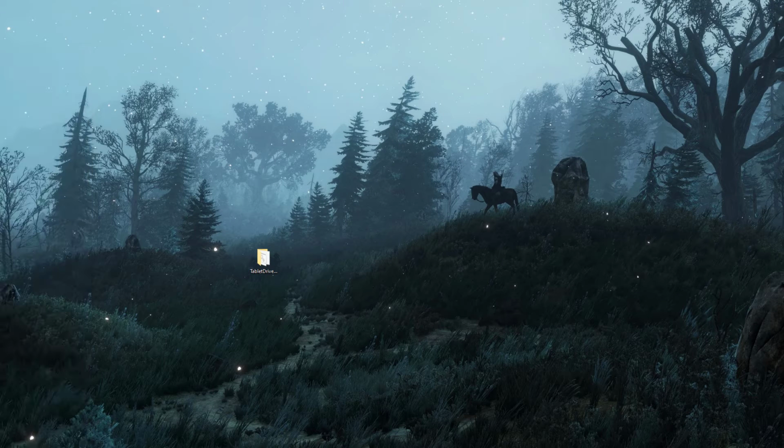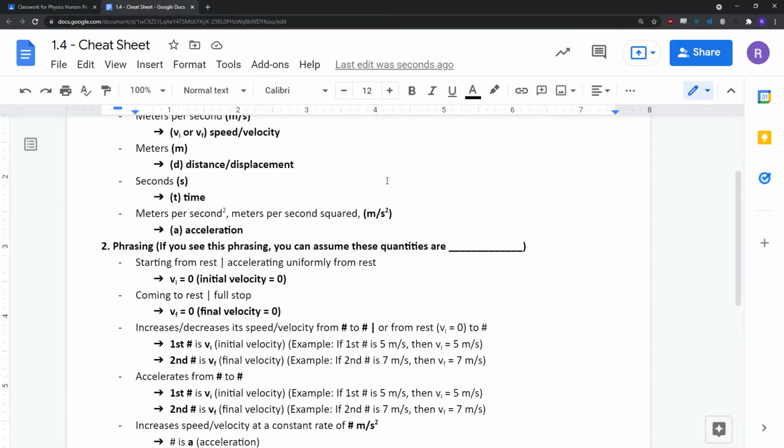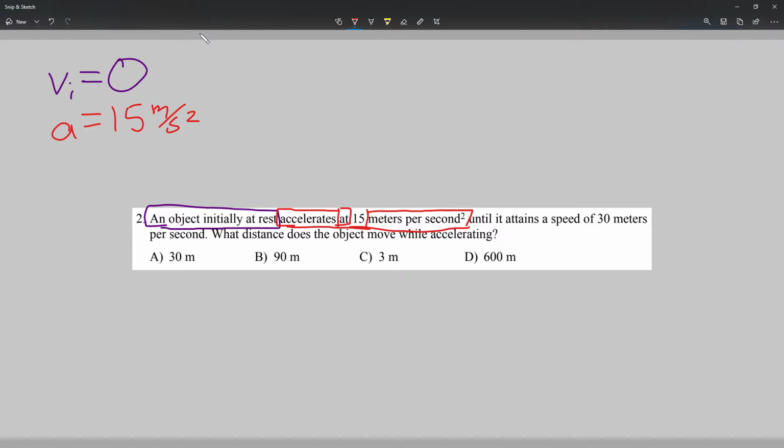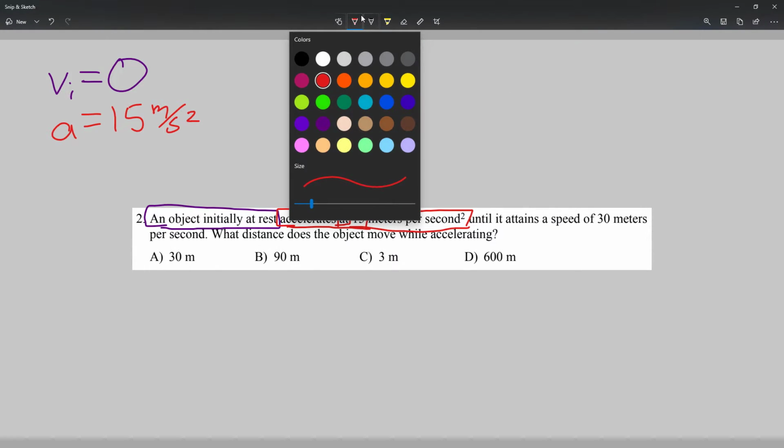If you go back to your cheat sheet, you'll see this unit. Acceleration is measured in meters per second squared. That's the easiest way to know: by looking at the units of a number.